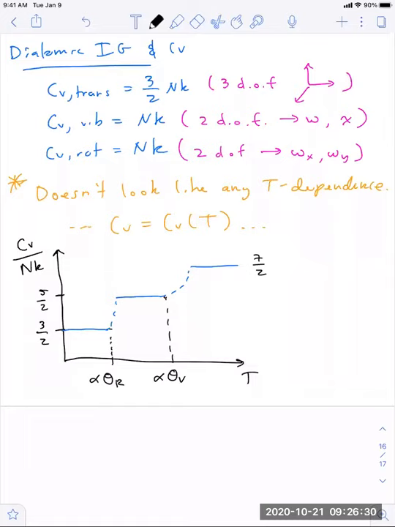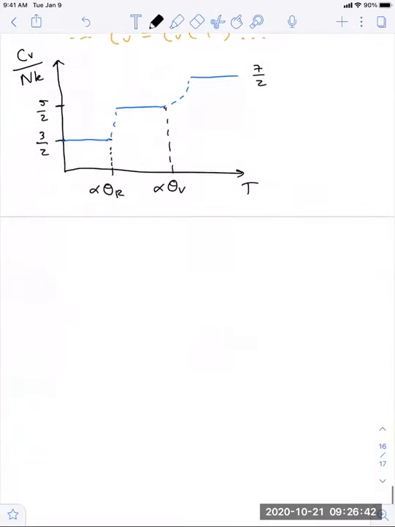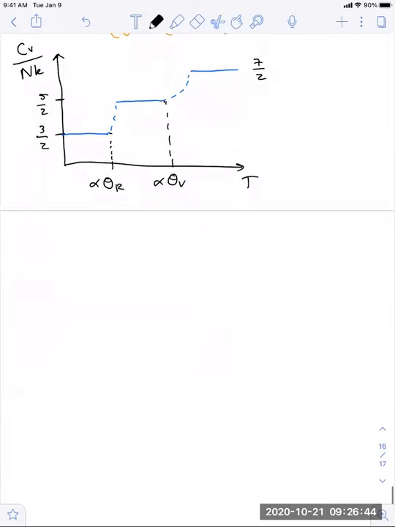So we always have translations, but we need a sufficient temperature to activate the rotational degrees of freedom, and then a higher temperature typically to activate the vibrational degrees of freedom. Does this concept make sense? This is a physical interpretation of what these temperatures mean. It's roughly the temperature needed to activate certain degrees of freedom.